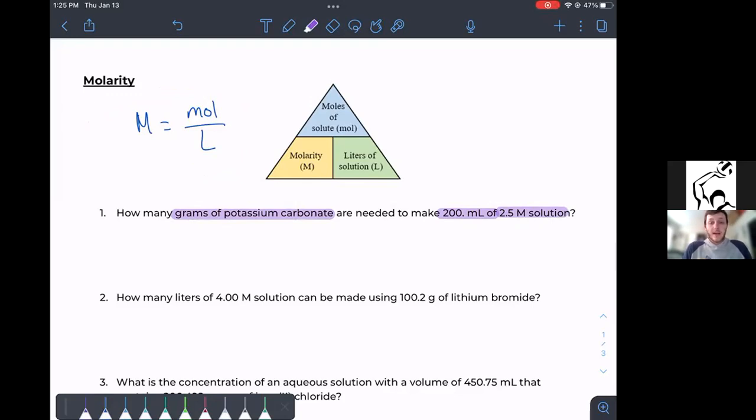We are given a lot of information. The first thing we're told is that we want to find the grams. Anytime it talks about grams and molarity, we know we're going to have to do some sort of conversion from grams to moles or moles to grams, which means we have to find the molar mass. So we have to figure out the formula for potassium carbonate.